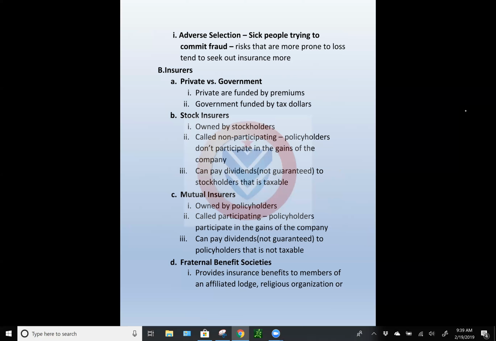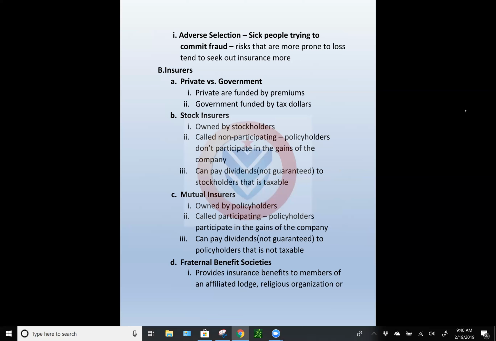Now, if that stock insurance company makes a profit one year, they can share it with the stockholders in the form of a dividend. But you do need to know right away that dividends are not guaranteed in a policy. And then if there is a dividend, that dividend is taxable to the stockholder, just like if you own stock in any company, you are taxed on any dividends you get.